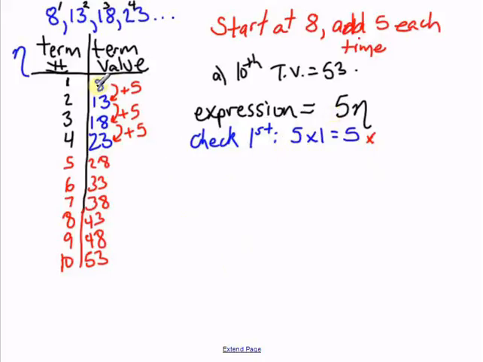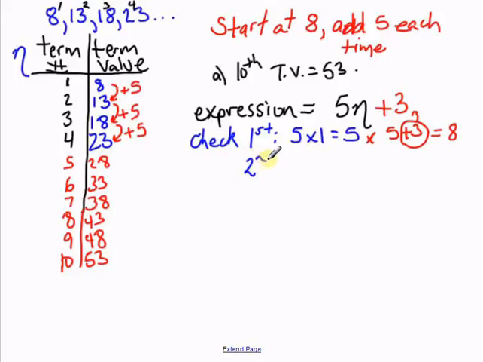So I'm off by 3, it looks like. So what I want to think to myself is, well, how can I change this expression so that if I did calculate with n is 1, I would get 8. Right now I got 5, so I think to get to 8, I need to add 3. So I'm going to add 3 on my expression as well, because that'll give me 5 plus 3 is 8. Hopefully.